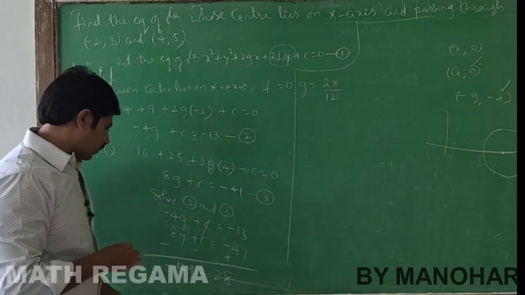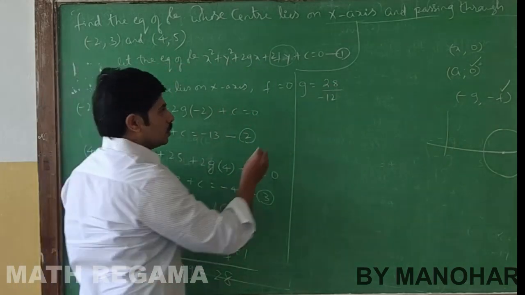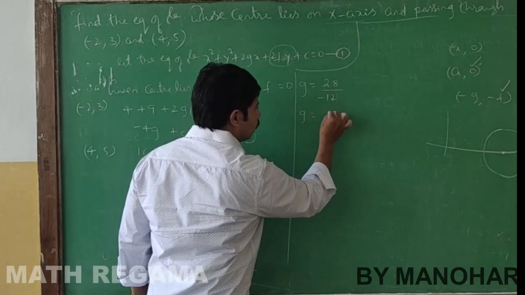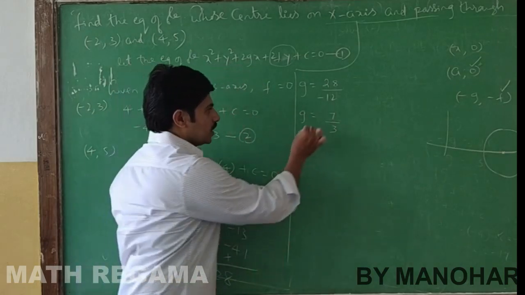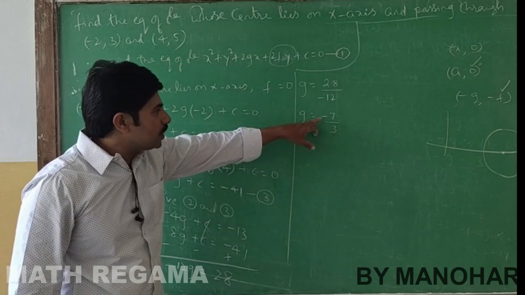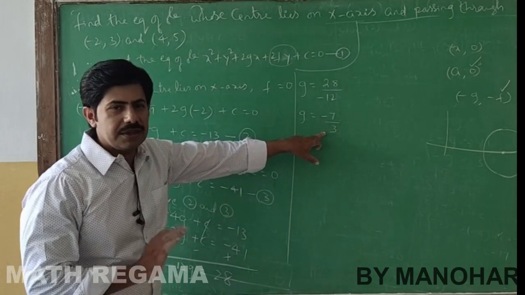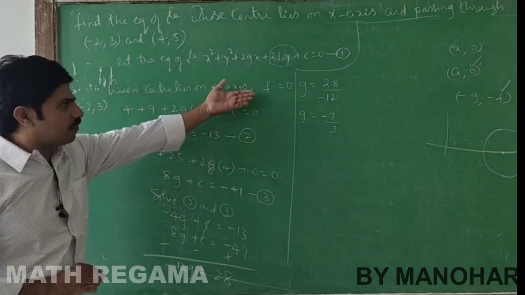We can simplify: 4 7s are 28, 4 3s are 12, and the minus sign stays. So g value is minus 7 by 3.